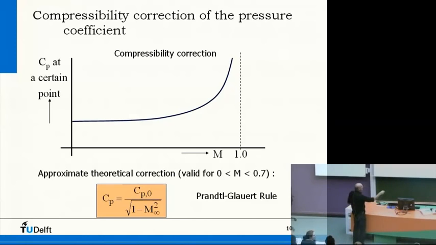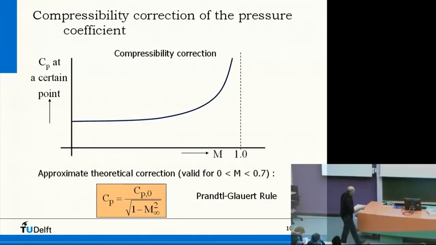So this is incompressible and this is compressible. You see that Cp goes up. If M goes to 1, then this is getting smaller and smaller, so Cp goes up. Here you see it. And with Cp going up, then also the velocities go up.